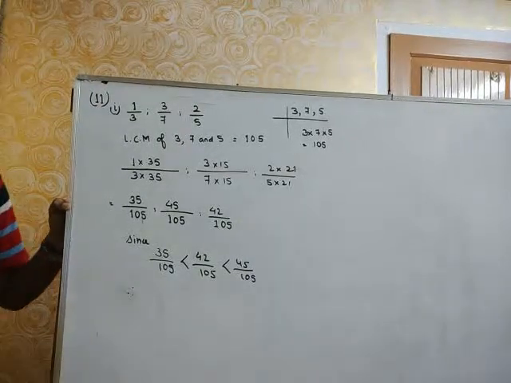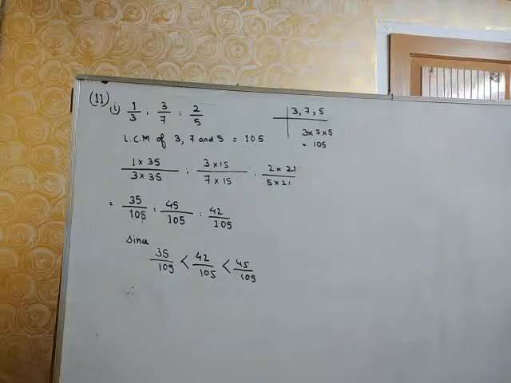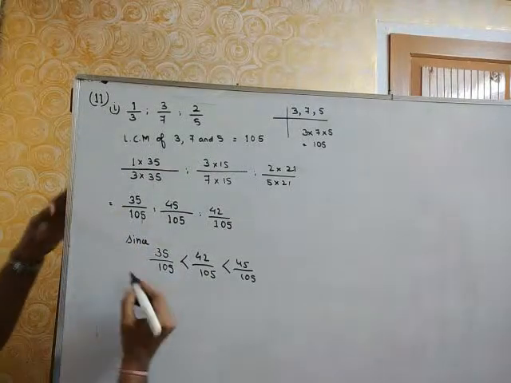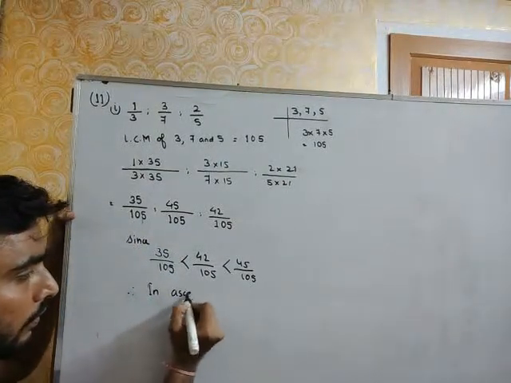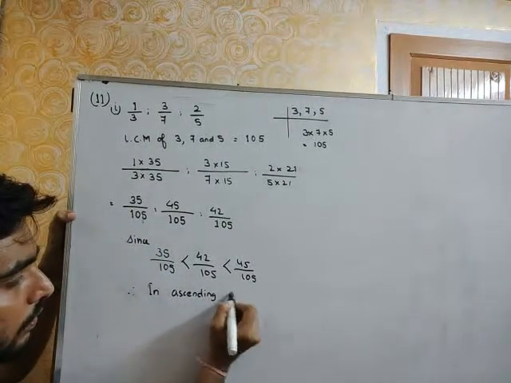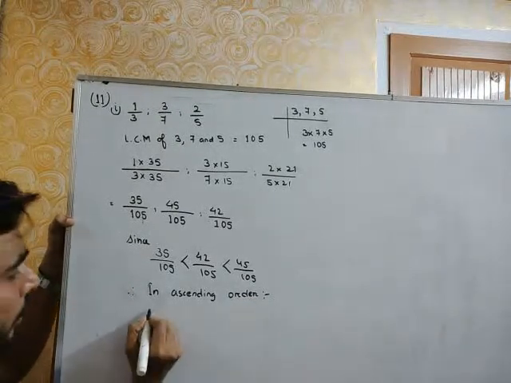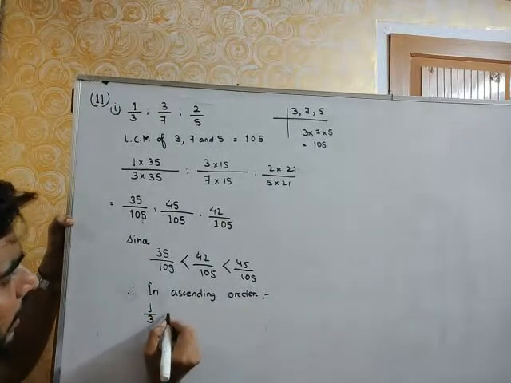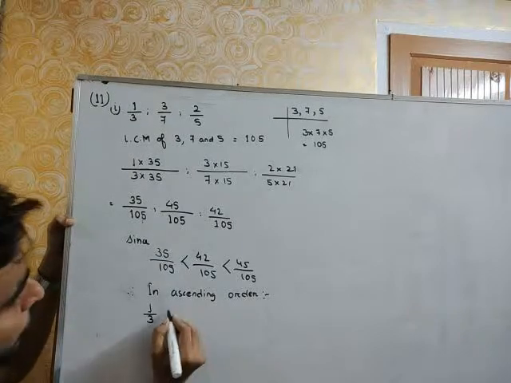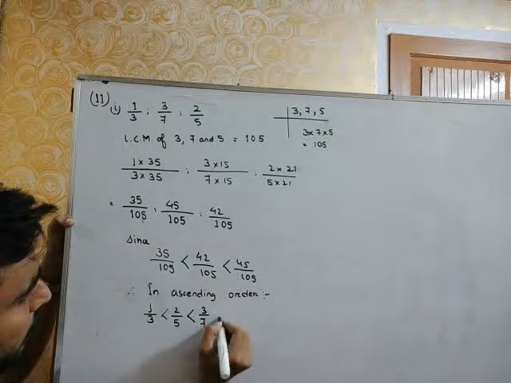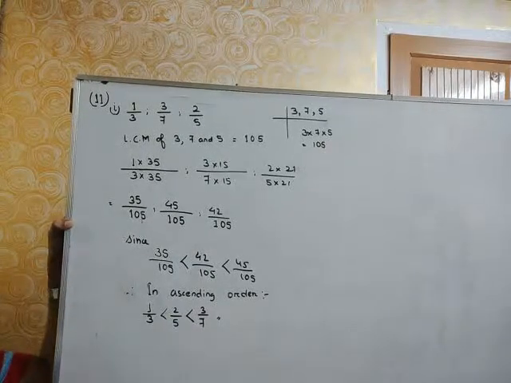Already the question says that you have to arrange from least to greatest. Least to greatest means which order? Ascending order. So in ascending order it will be 1 by 3 is less than 2 by 5 is less than 3 by 7. Got it right all of you?